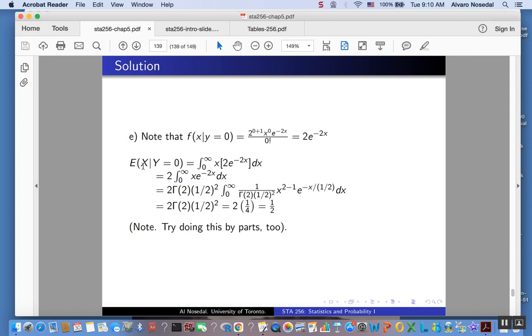If you want the expected value of x given y, then it's the integral of x times your conditional PDF. And in this case, what I did was noticing that I could complete the expression inside that integral as a gamma PDF, and then I ended up with the same result as before, 1/2.